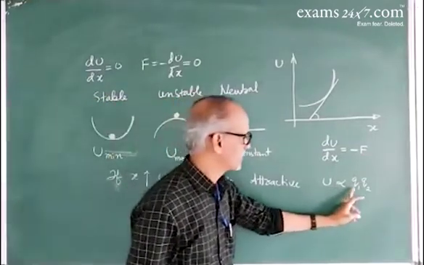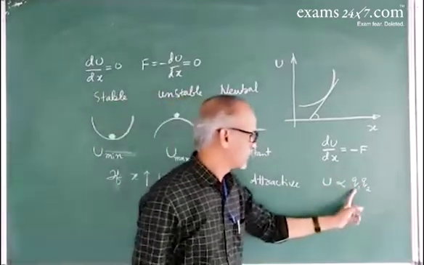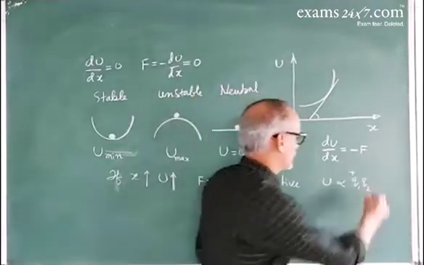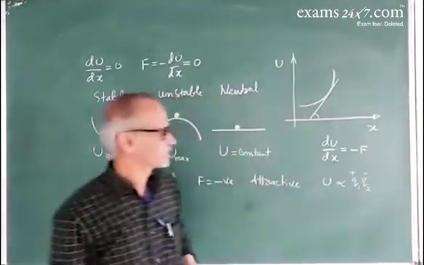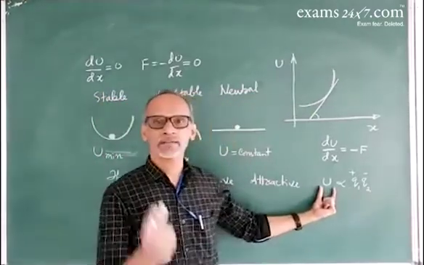Energy U is directly proportional to the product of the two charges. If Q1 is positive and if Q2 is negative, then the product will give you negative energy. U is negative.